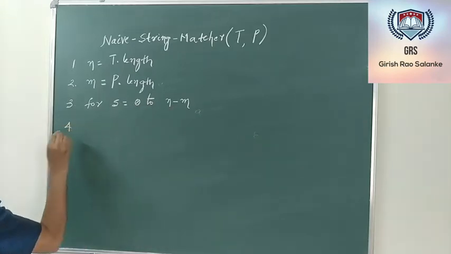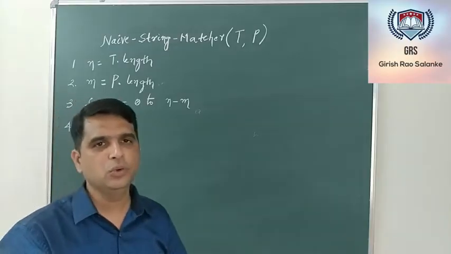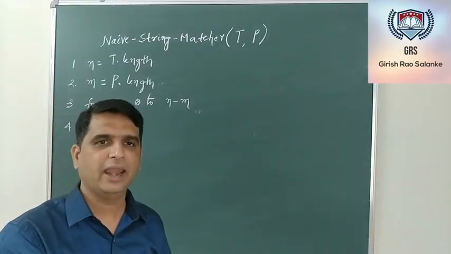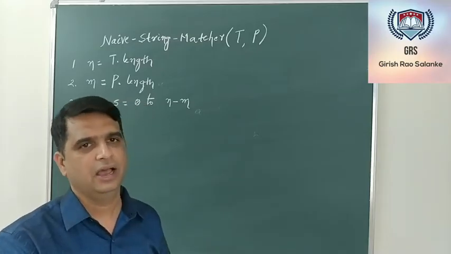So the fourth one is what we used to do in each iteration. In each iteration we compare a character in the pattern with a character in the text.